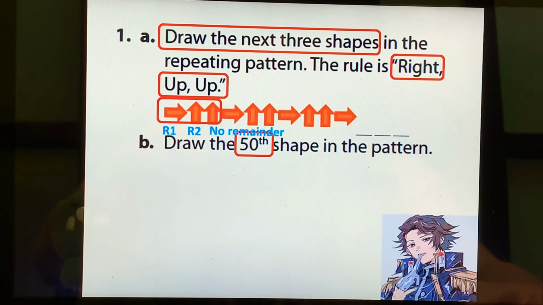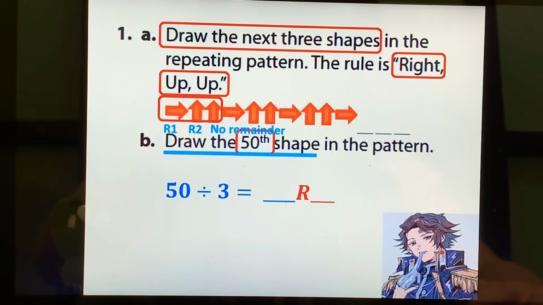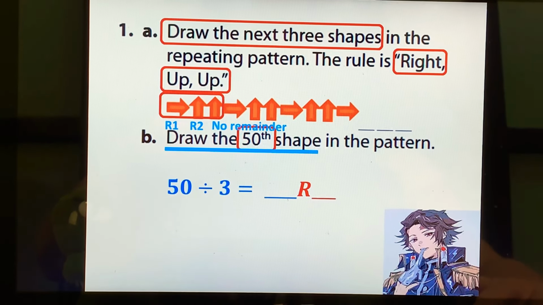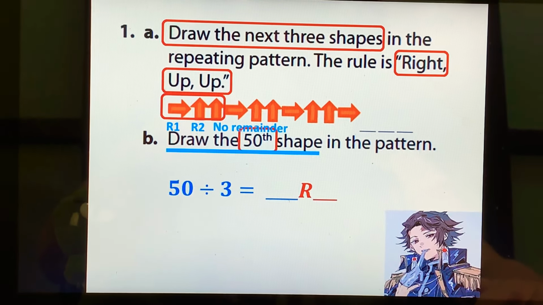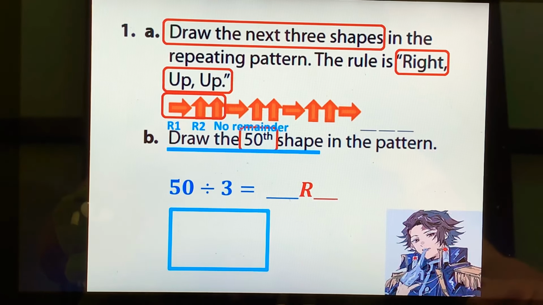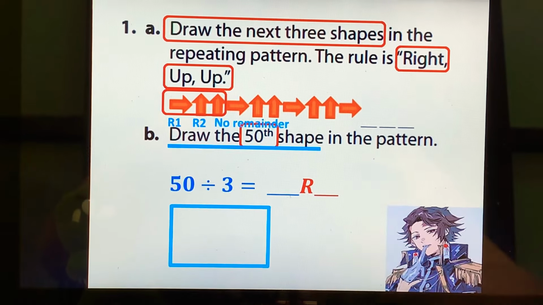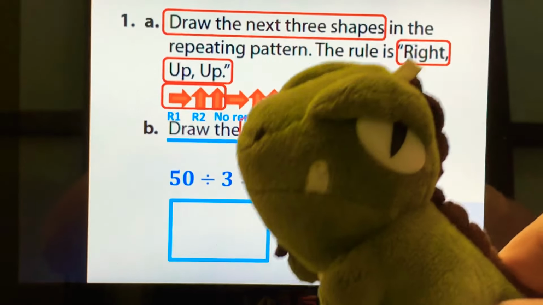To decide which shape is the 50th shape, you need to find the remainder of 50 divided by 3. Then we will know what the 50th shape is. Draw the shape. Let's move on.